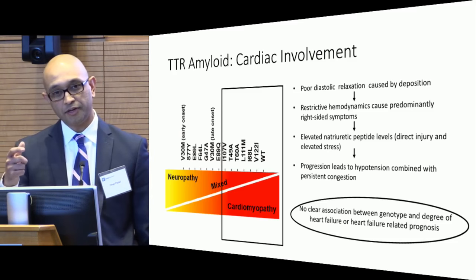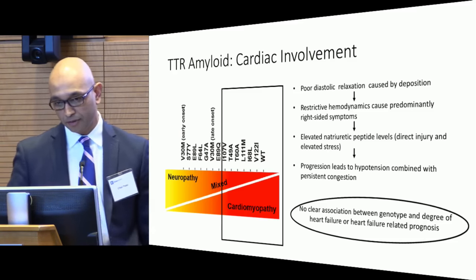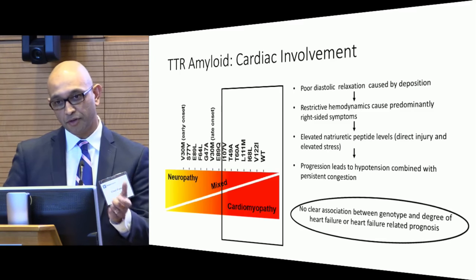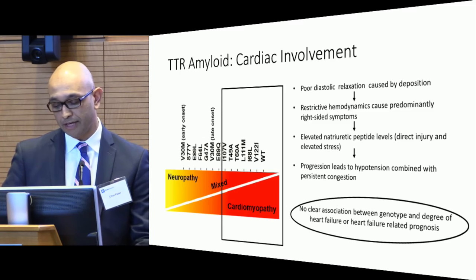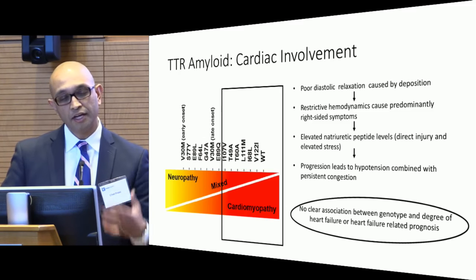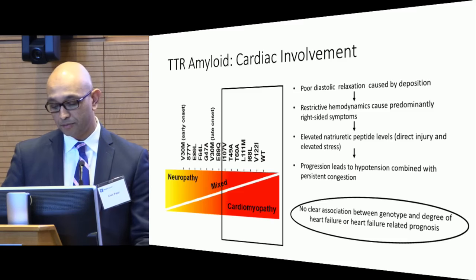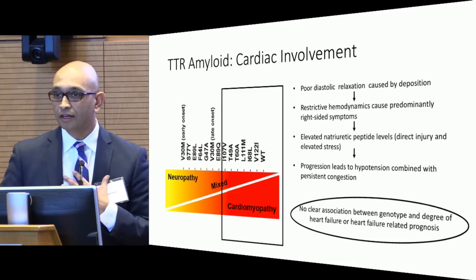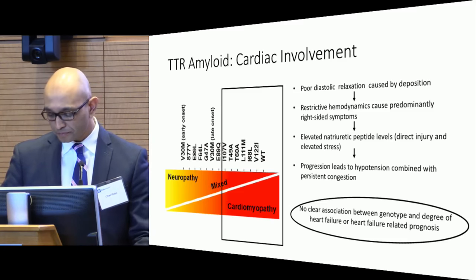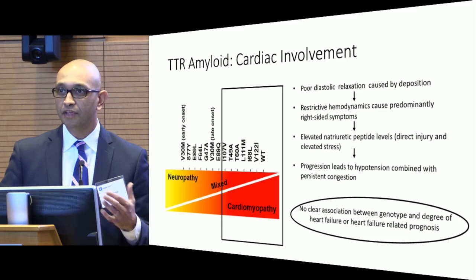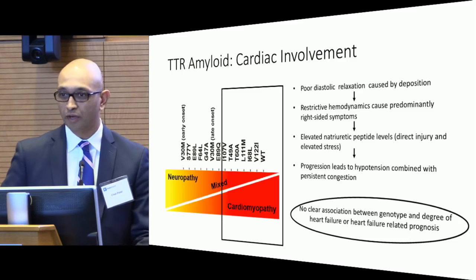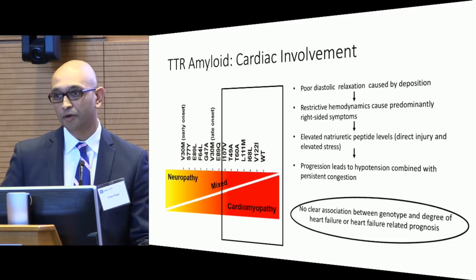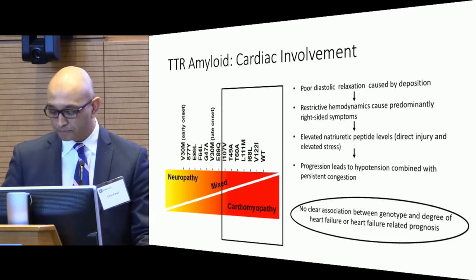Deposition within the cardiac tissue leads to not only direct fibrosis, but also ischemia within the microvasculature, which then leads to cardiac damage and restrictive hemodynamics, which for the cardiologist lead to predominantly right-sided symptoms: elevation in the neck veins, ascites, edema, and very seldom do patients come in complaining of dyspnea. They actually complain a lot of swelling. It's one of their primary complaints when you meet them in the clinic.